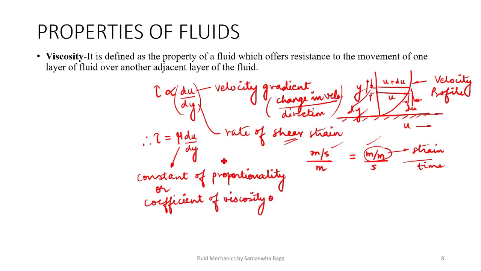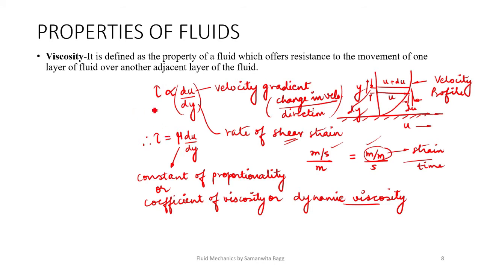Or this can be called as dynamic viscosity. Dynamic viscosity is the name, or it is simply called as viscosity. That is mu.